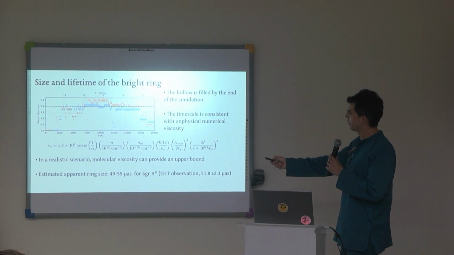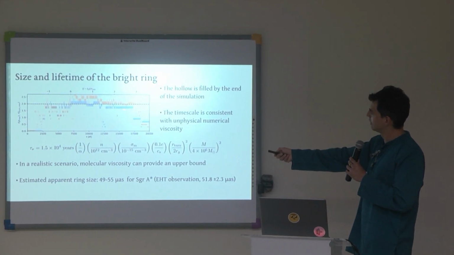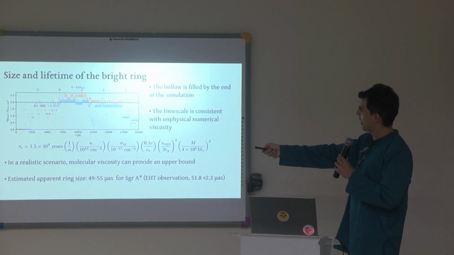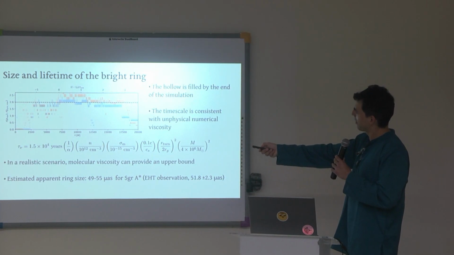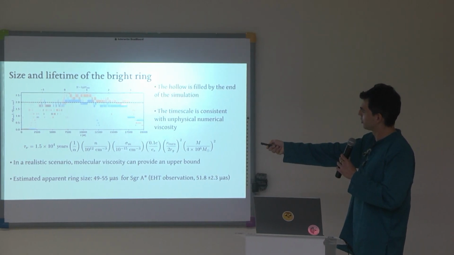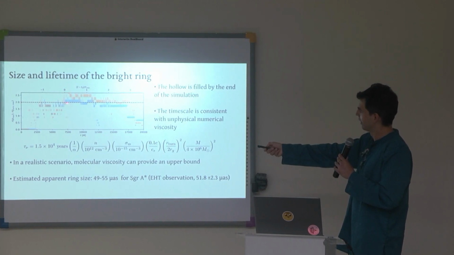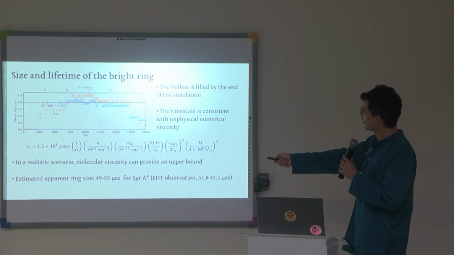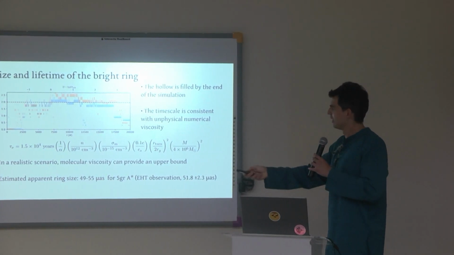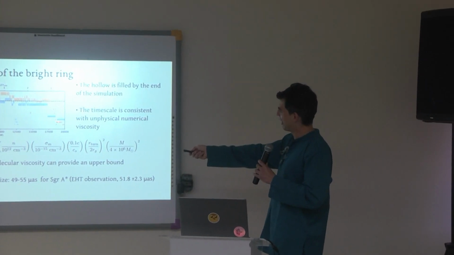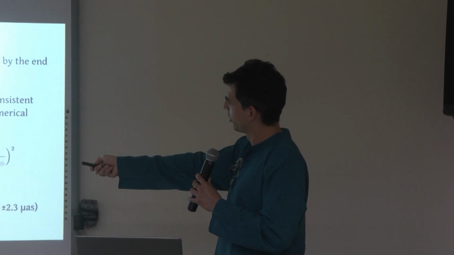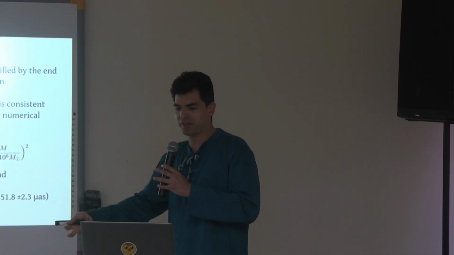Something nice to see is that for a very long time, these maxima are accumulating according to the prediction that was made, which is marked by this dashed line. However, near the end of the simulation, we see that the maximum is displacing towards the origin, and that eventually it gets very close to the origin of the simulation, so that the hole is being filled.